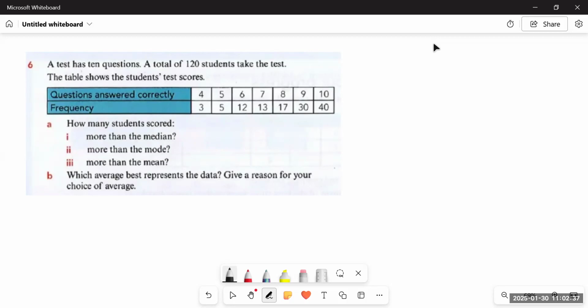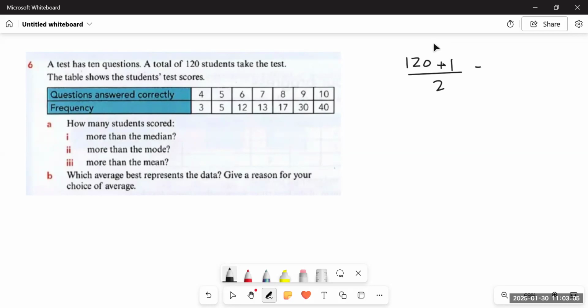So if we talk about median, we have already discussed in detail that whenever we have to calculate the median, what do we do first? First, we will calculate the number of frequencies. We are already given the total number of frequencies, that is 120. So we will just add 1 to it to find out the middle value. If we do not add 1, we will simply get 120 upon 2, which is 60.